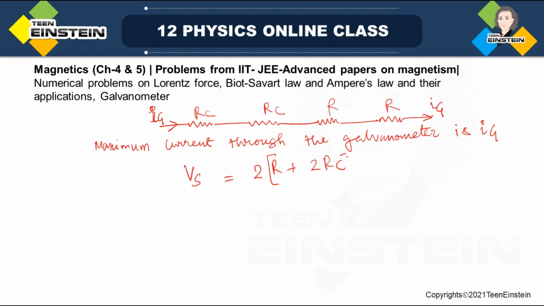If I take this common and Ig is the current, this is the voltage range we get. So the voltage range is equal to 2Ig into (R plus RC). So this is one way to do.